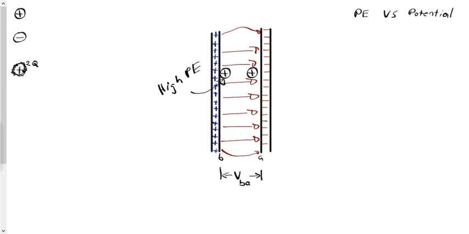Whenever you see a question asking what the potential is, it's asking about the electric potential, and quite frankly it's basically going to be voltage, but I'll get into that in a moment. So there is an electric potential on the left and an electric potential on the right. At this location on the right, this is low potential energy, and it's also a low electric potential.